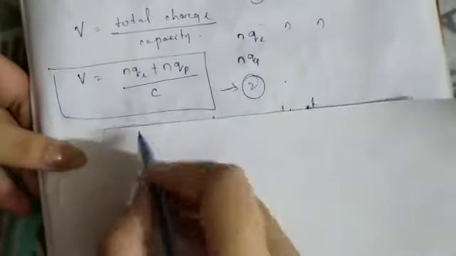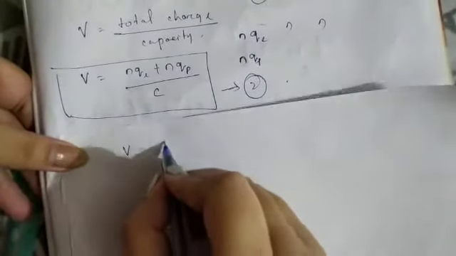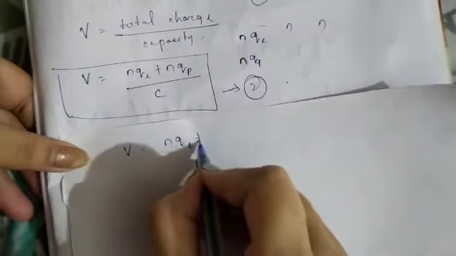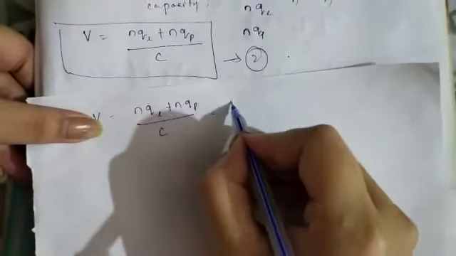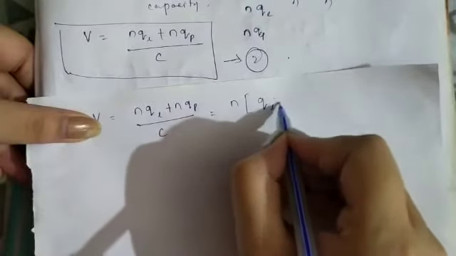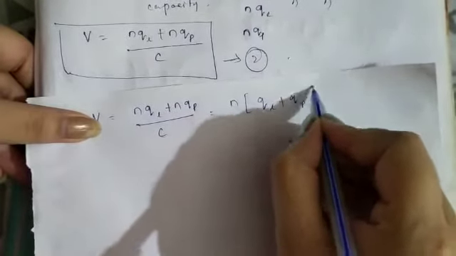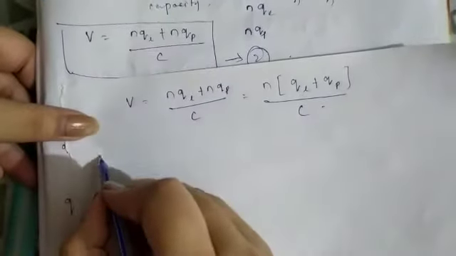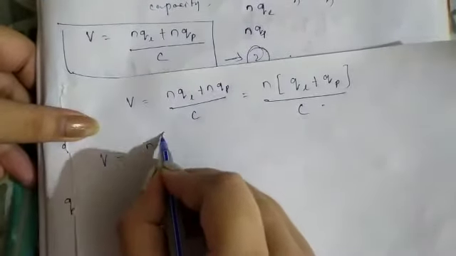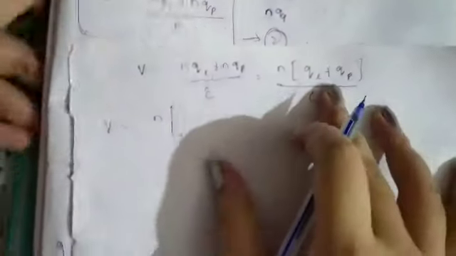So we have this equation, V is equal to (n Q_e plus n Q_p) divided by C. Taking n common, we get (Q_e plus Q_p) divided by C. So V is equal to n whole bracket Q_e.